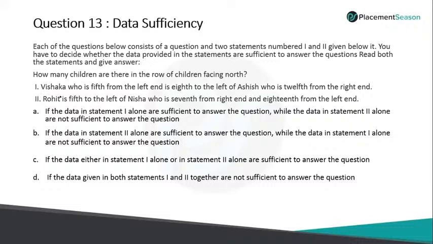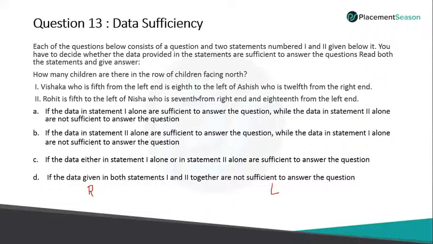Now see, first statement: Vishaka, who's fifth from the left end. By reading this, I'll be able to understand. Here I'm writing: this is your right and this is your left. I need to find the persons standing between the right end and the left end.